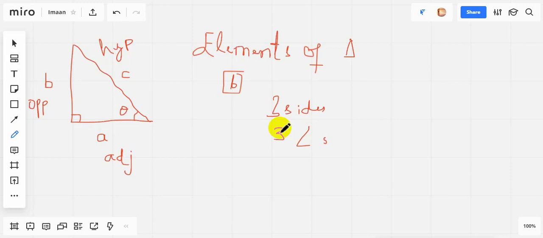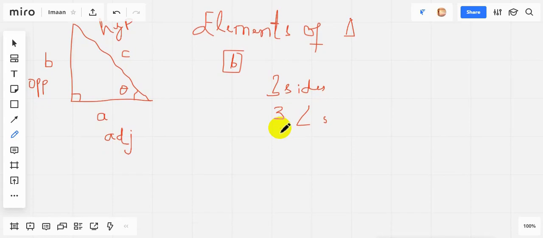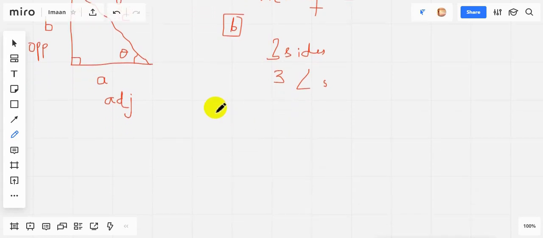So for that we use some functions, and now let's talk about those functions first. So one is sine, the other one is cosine, or simply we can call it cos. The third one is tangent, but simply we can call it just tan.